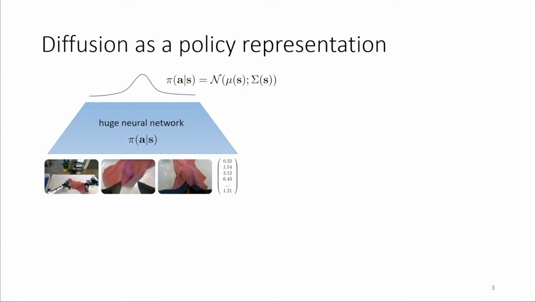So if you believe there exists a deterministic policy that is optimal, then a Gaussian is a pretty reasonable thing to do because there's a mean, which is deterministic, and there's a little bit of noise around it, and you kind of want the noise to go to 0 anyway, so you don't care so much about the distribution class.